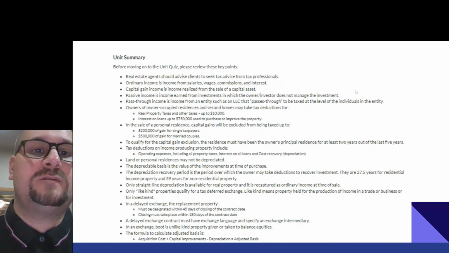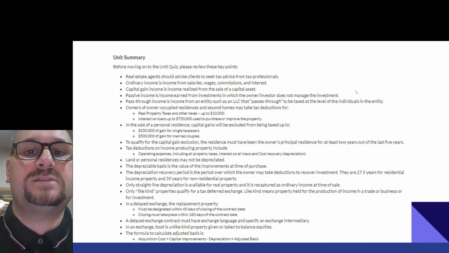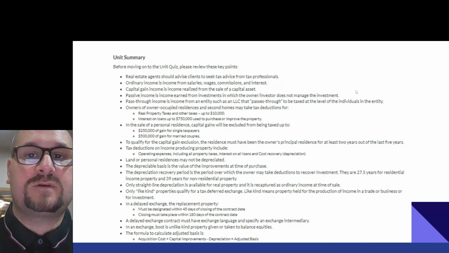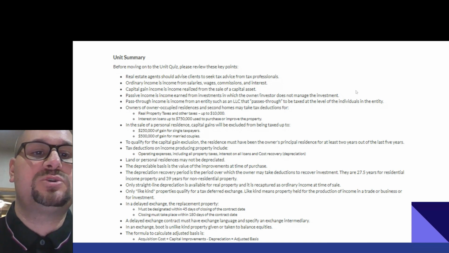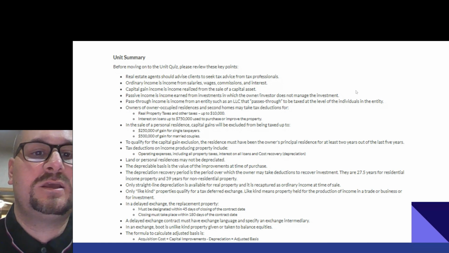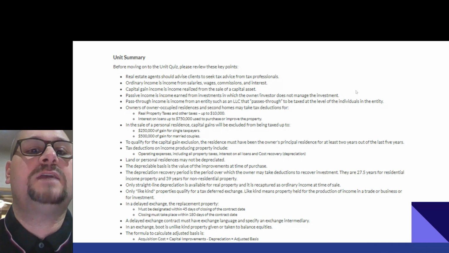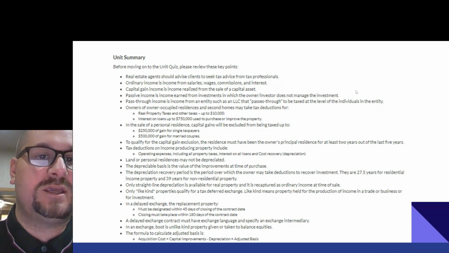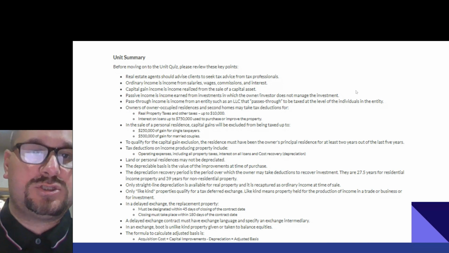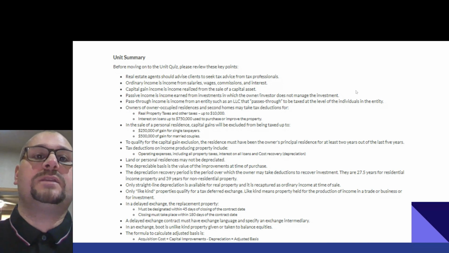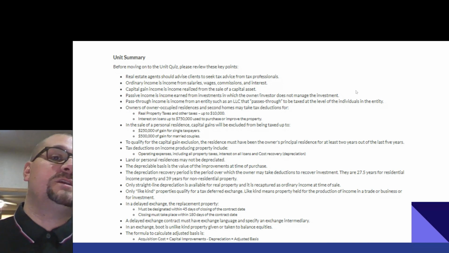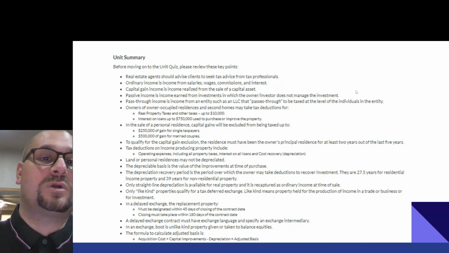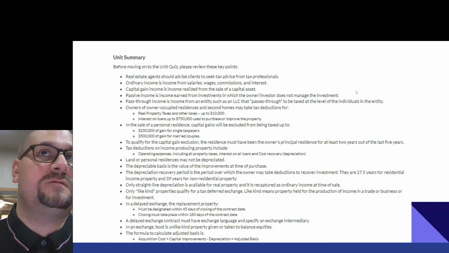In the sale of a personal residence, capital gains will be excluded from being taxed up to $250,000 of gain for single taxpayers and $500,000 of gain for married couples. So is there a benefit in being married? Yeah. The benefit is you get $250,000 more in terms of gain, right?